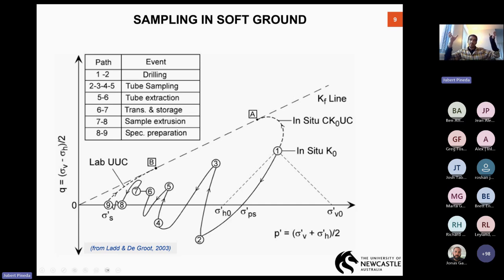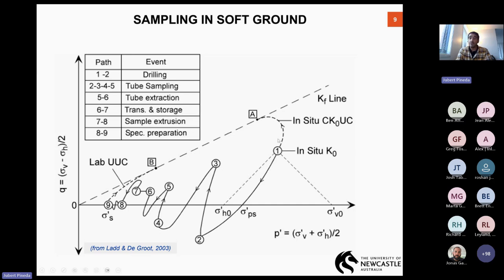If you imagine that we can place a big triaxial machine inside the ground and then run the undrained triaxial test, the stress path followed by that sample will follow this path from point 1 to point A, right?